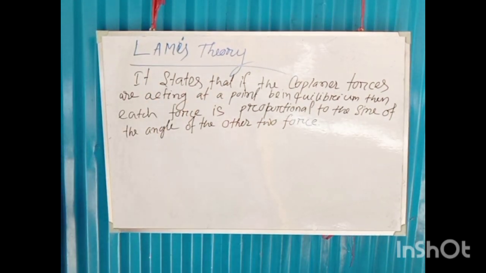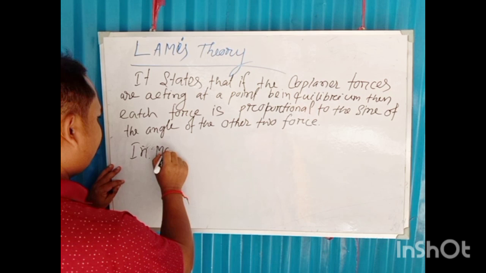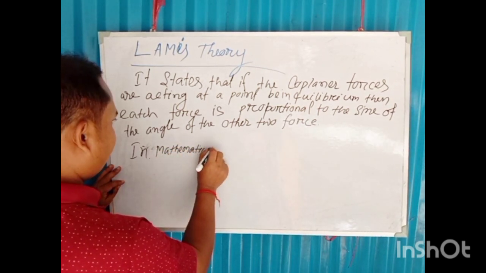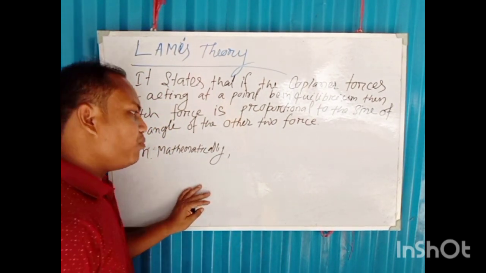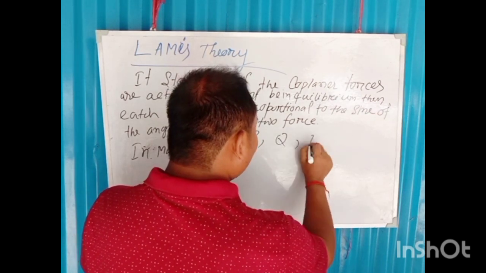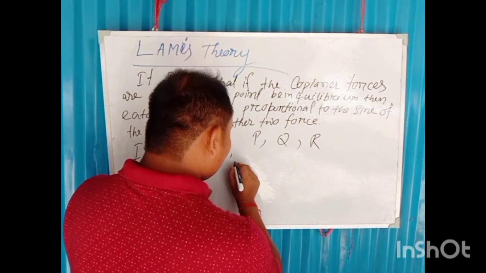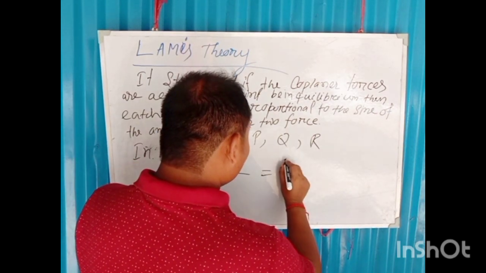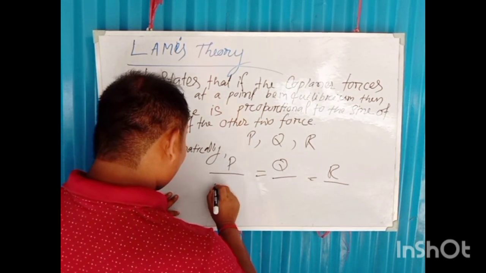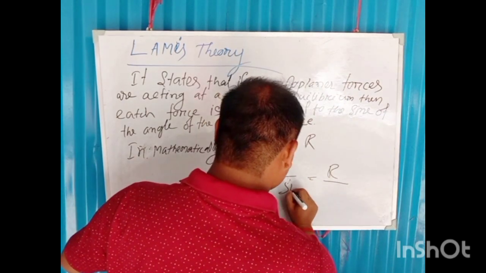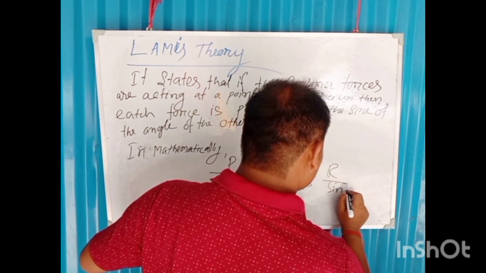So Lami's theorem, we can write mathematically. Let's say three forces are acting at a point: P, Q and R. So by Lami's theorem we can write the formula: P over sine alpha equals Q over sine beta equals R over sine gamma.